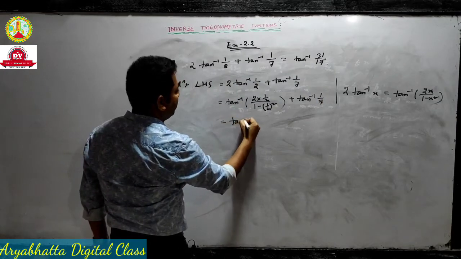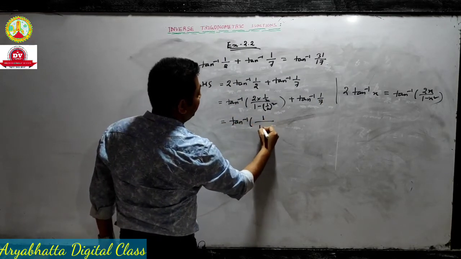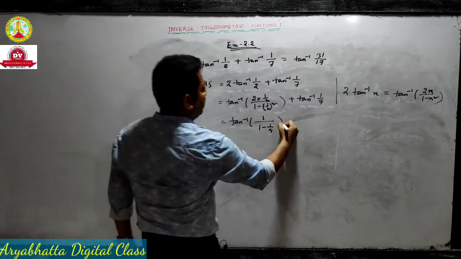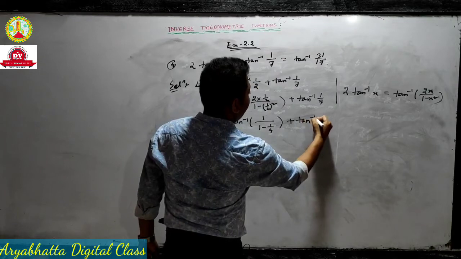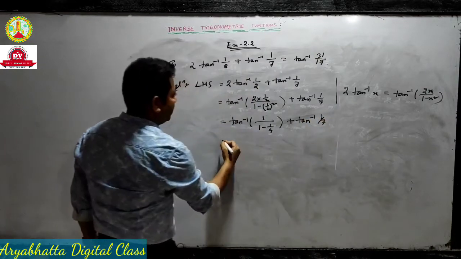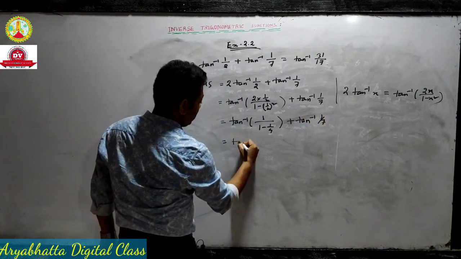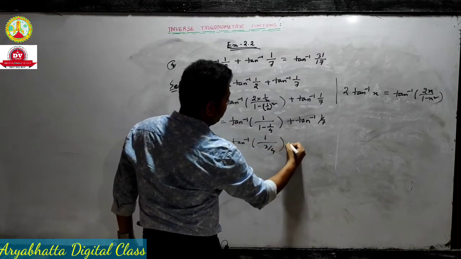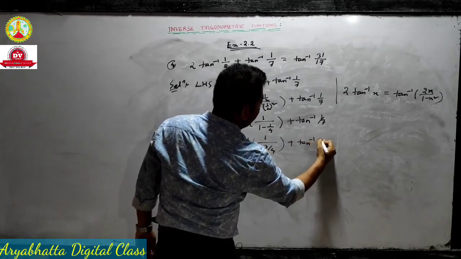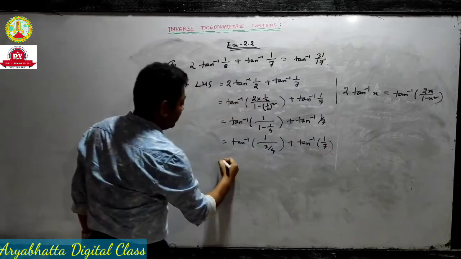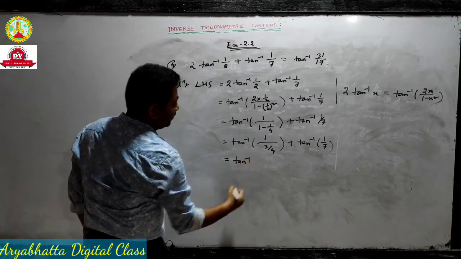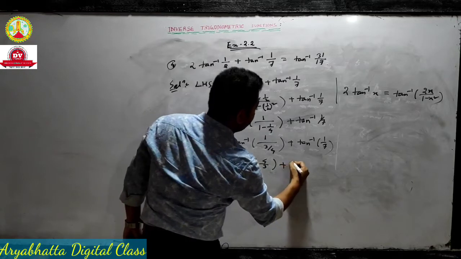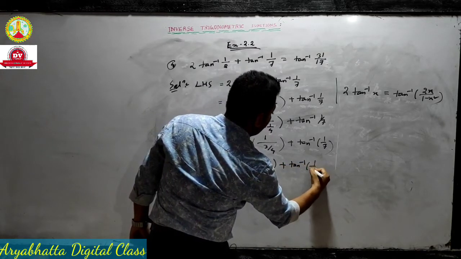This is equal to tan inverse 1 divided by 1 minus 1 by 4, plus tan inverse 1 by 7. This is equal to tan inverse 1 divided by 3 by 4, plus tan inverse 1 by 7, which is tan inverse 4 by 3 plus tan inverse 1 by 7.